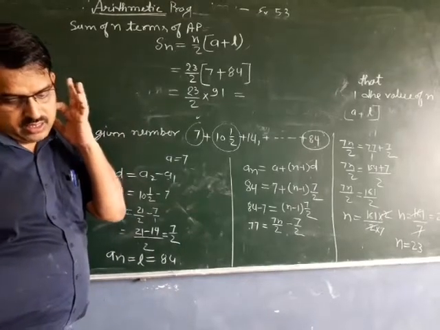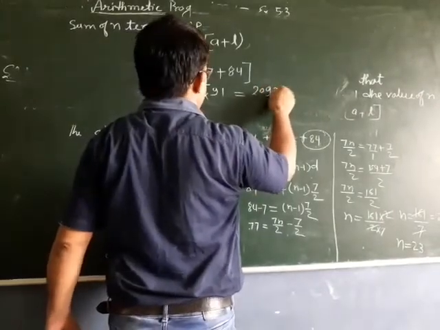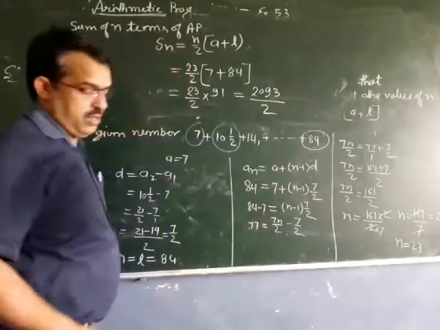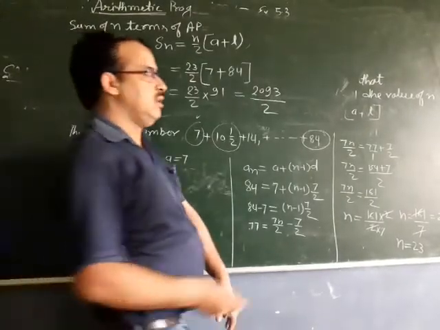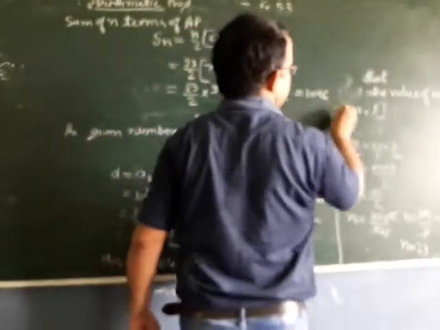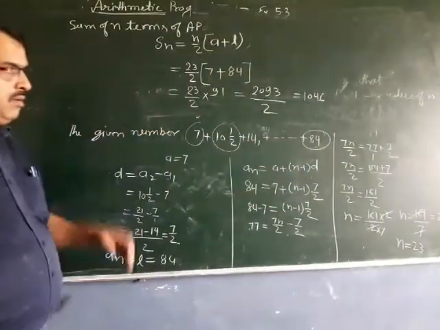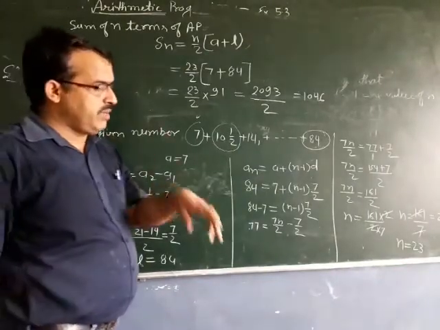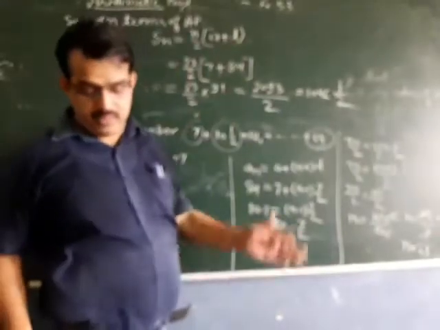We get 2093. 2093 by 2 is 1046, and what will remain here? 1 by 2. Clear?